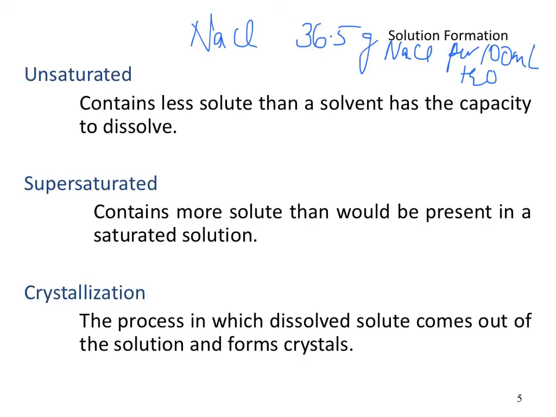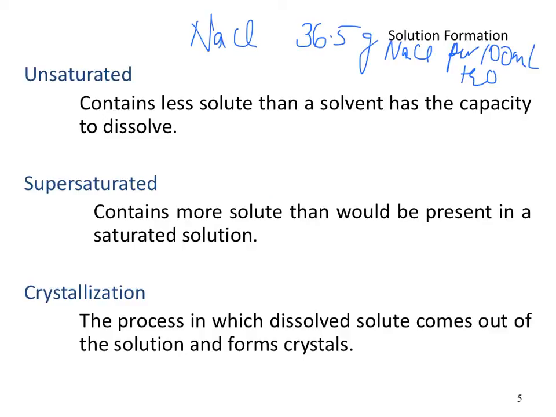Now, any concentration less than this, that means if you just have maybe 18.5 grams, or if you have 5 grams, or if you have 25 grams, even 36 grams, because all of it will dissolve in the 100 milliliters of water, all of those concentrations are going to be called unsaturated.